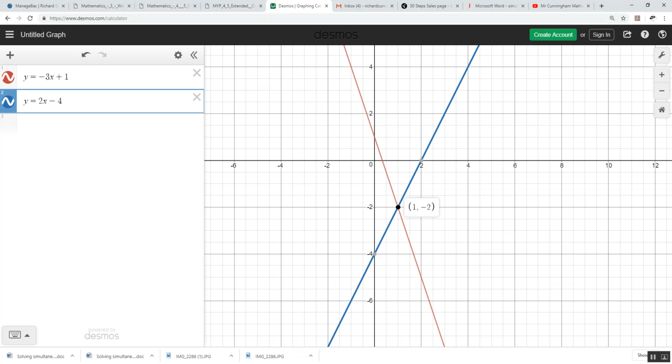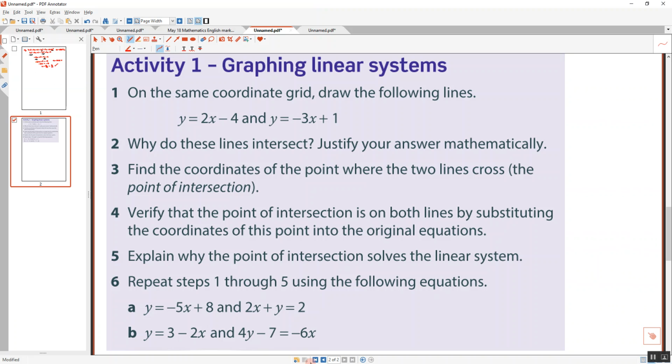The next question, number 2: why do these lines intersect? I'm not looking for anything too fancy here, but Sam, why do these two lines intersect? Because one equation has a positive gradient and the other has a negative gradient. Right. If I want to put it in even less maths terms, what am I saying here, Bella?